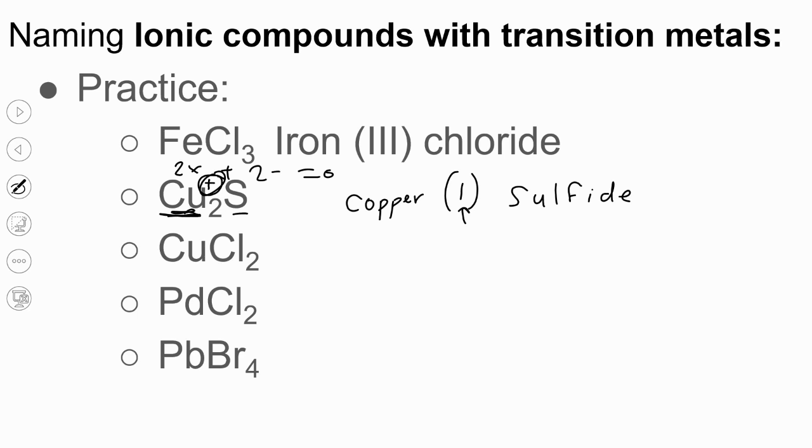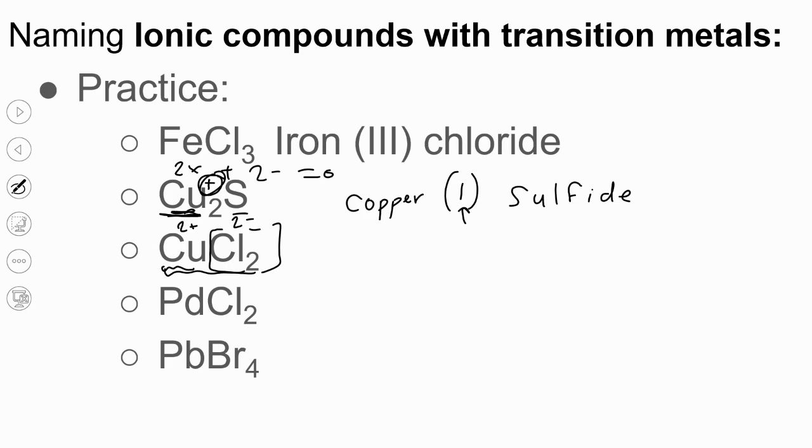So we need to figure out the charge. We decided copper can be different charges. What's the charge on Cl? 1 minus. But there's 2 of them, so overall this chunk has a 2 minus charge. So what does copper have to be to cancel out the 2 minus charge? 2 plus.